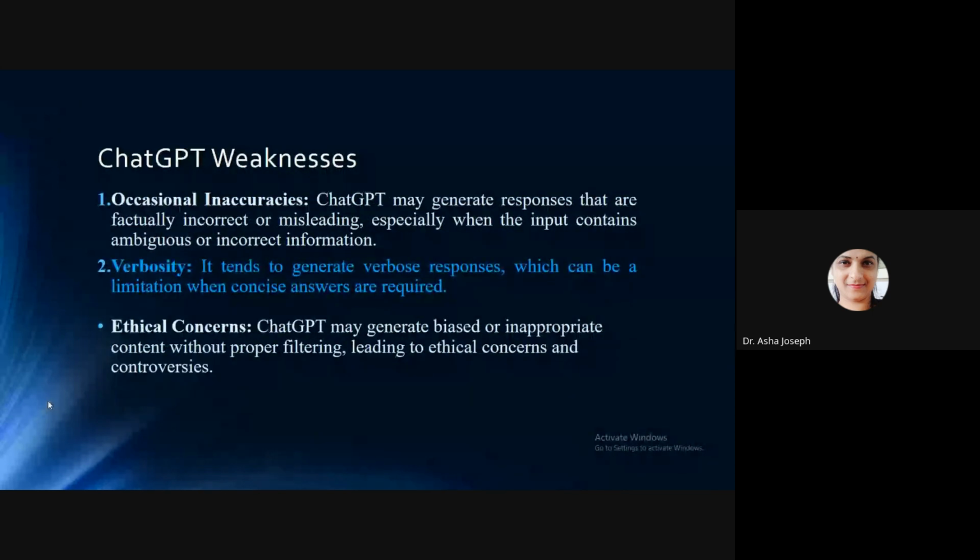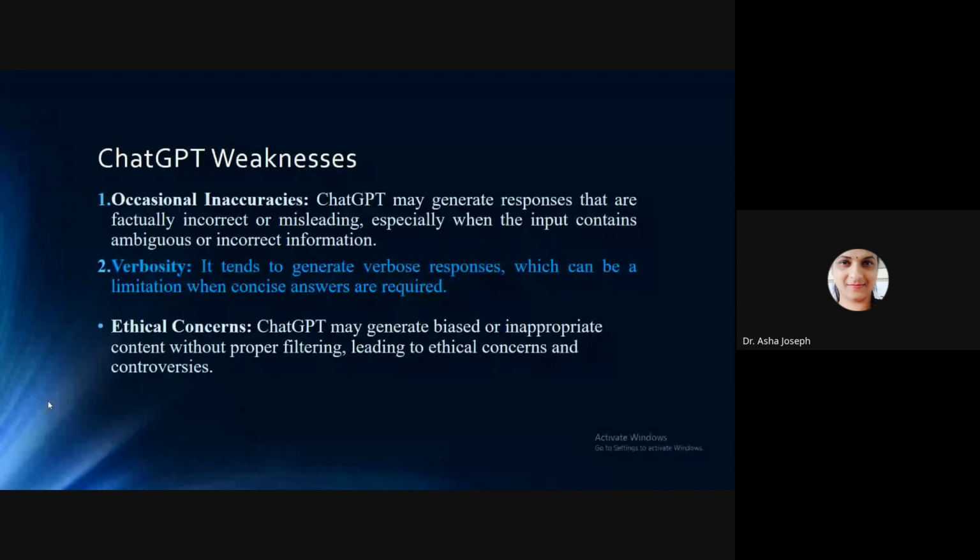And let us see what are the different weaknesses of ChatGPT. One of the problems which we have seen is occasional inaccuracies. ChatGPT may generate responses that are factually wrong. It may be incorrect or misleading, especially when the input contains ambiguous or incorrect information.